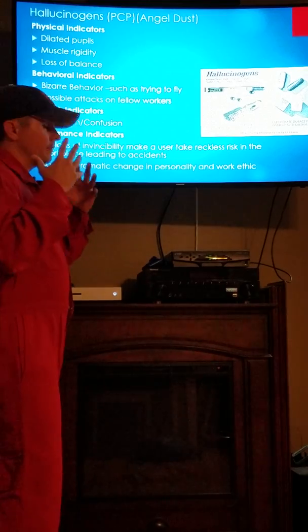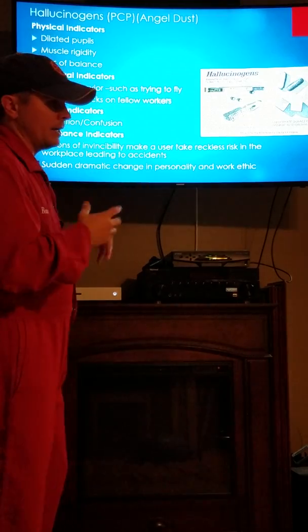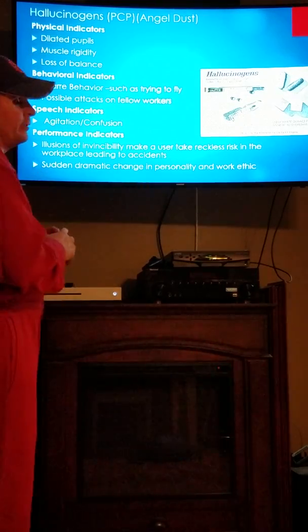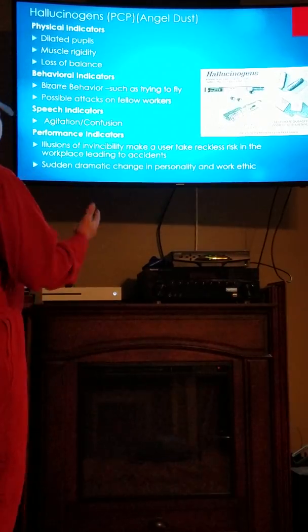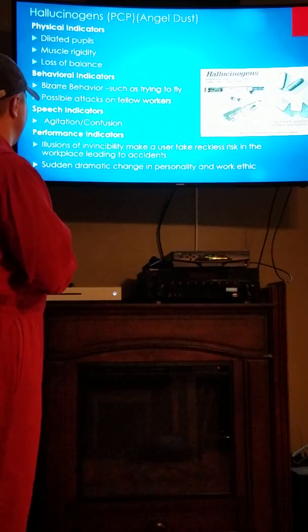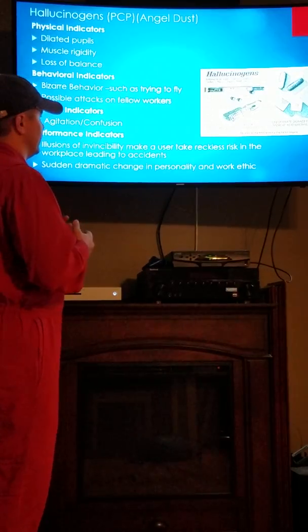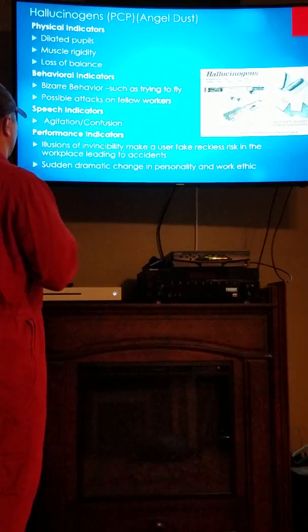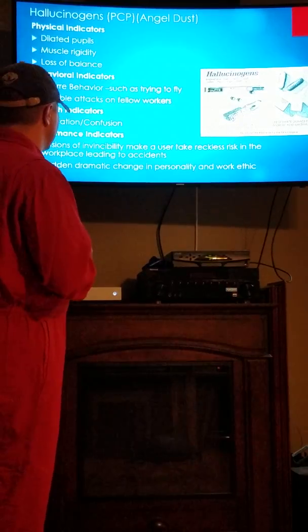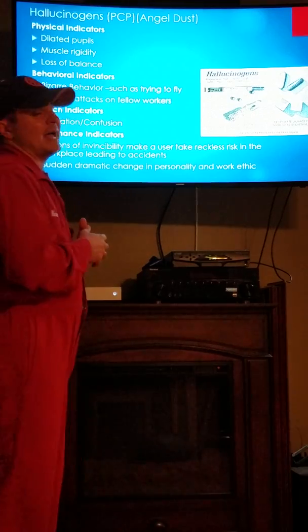So their brain and their mind is just totally out of it. They're in another world. Speech indicators: agitation, confusion. Performance indicators: illusions of invincibility, which make a user take reckless risks in the workplace, leading to accidents, and sudden dramatic change in personality and work ethic.